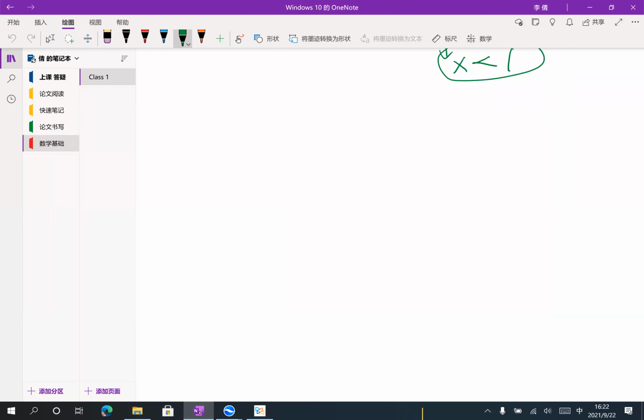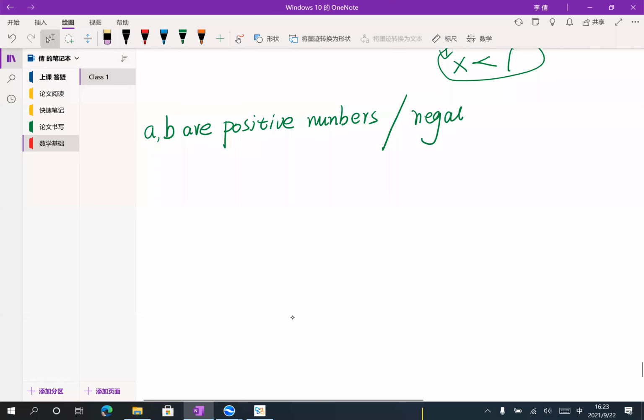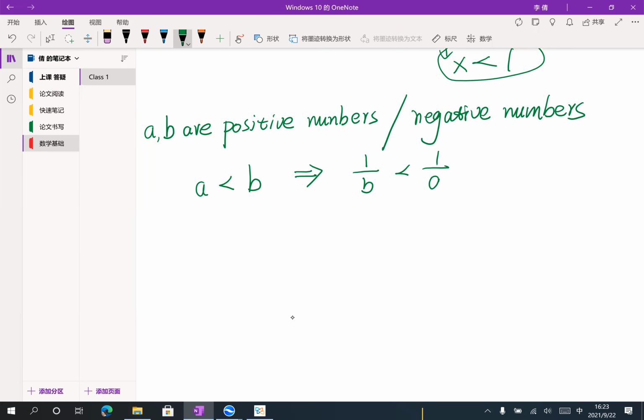The next property is: if A and B are both positive numbers or both negative numbers, and A is smaller than B, then it implies 1 over B is smaller than 1 over A, right?